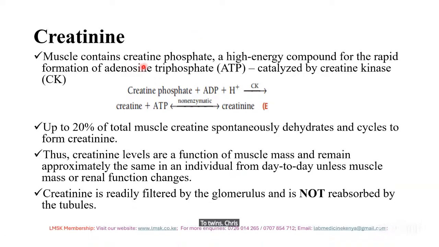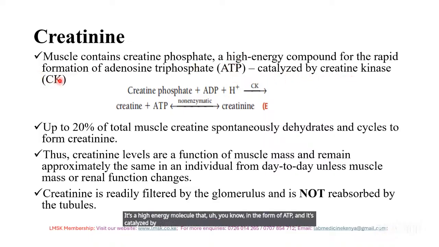Creatine is a muscle product that is secreted and also metabolized in the muscles. It's a high energy molecule, in the form of ATP, that is catalyzed by CK or creatine kinase to form creatine phosphate.